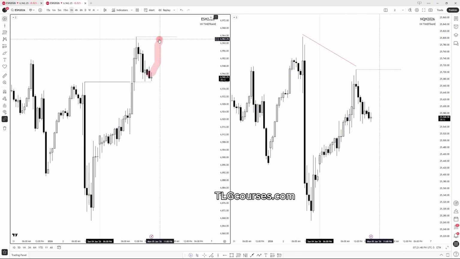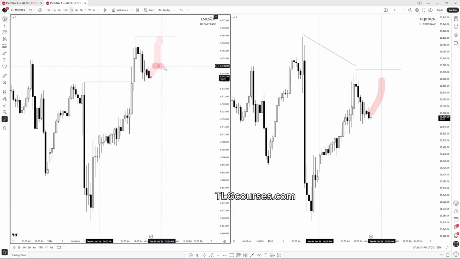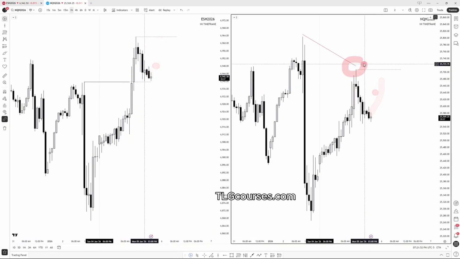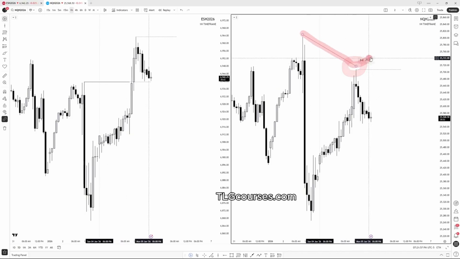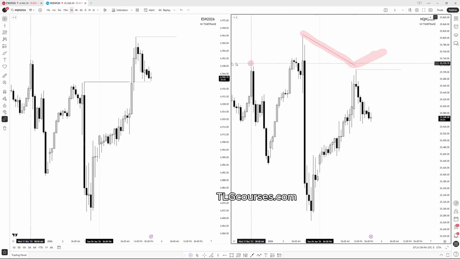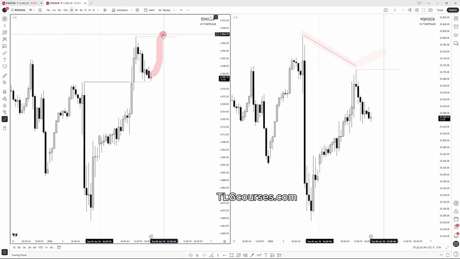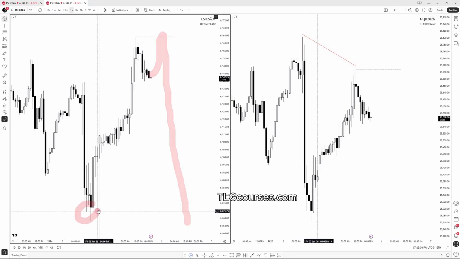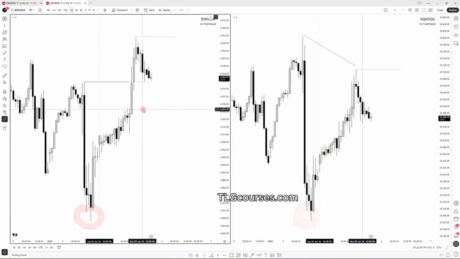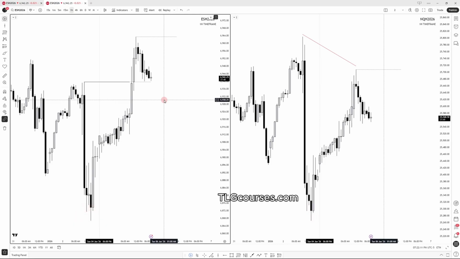Now, the only way this would hold is if the S&P 500 or the NASDAQ, either one, traded above this high right here and then created another cracking correlation. So there would be two cracking correlations happening simultaneously. If that were to be the case, then yes, price could drop and then go under and go for this low right here. But until that happens, what do we expect to happen in price? Go up, higher. Exactly.